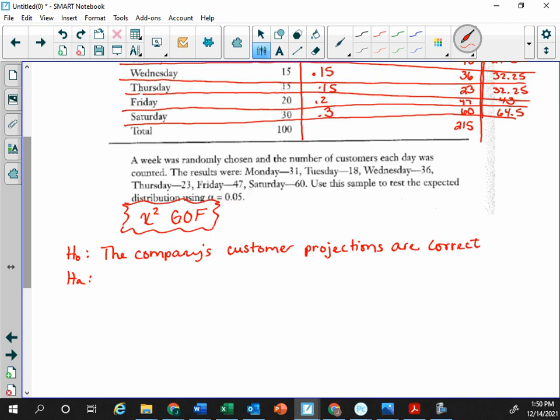What do you think the alternative is going to be? They are not correct. And we're going to say for at least one day. Okay? It's not that every day has to be wrong, but at least one day would be wrong.